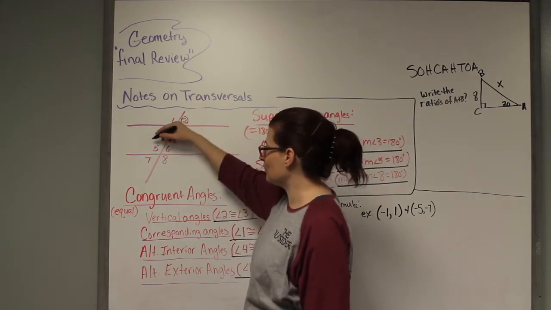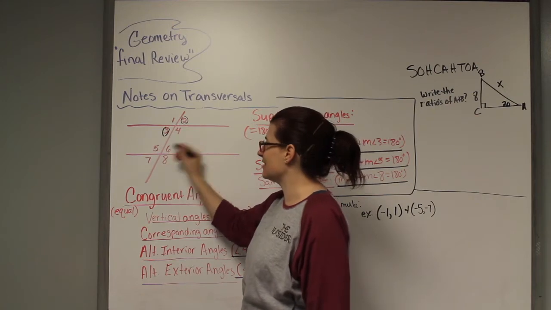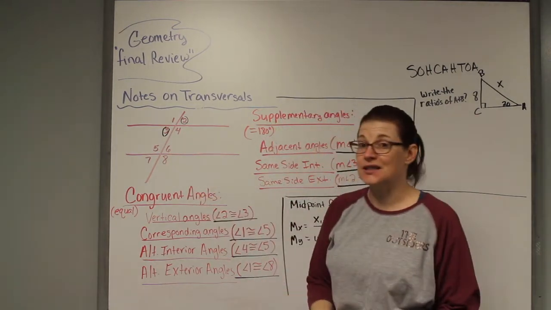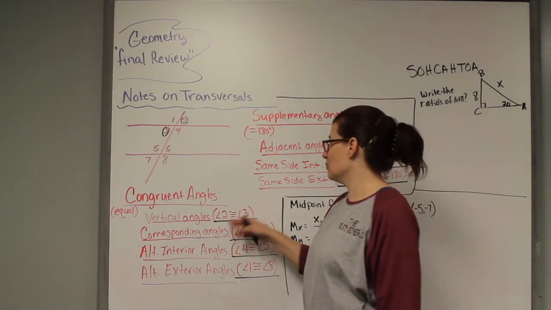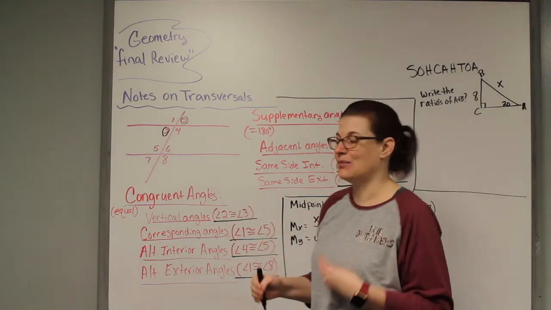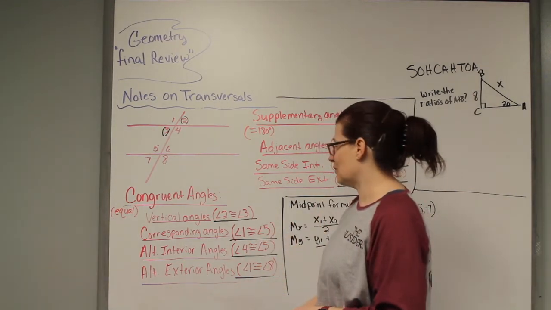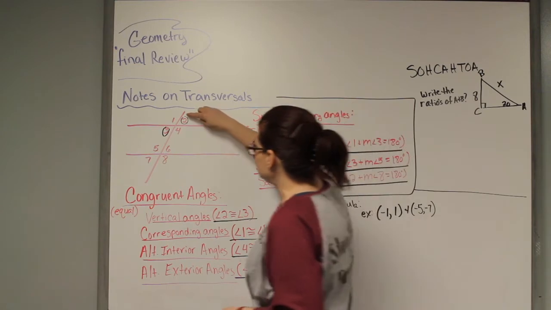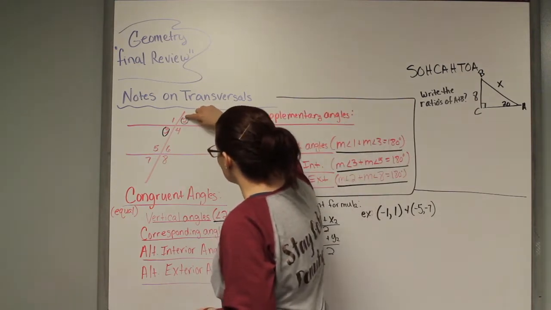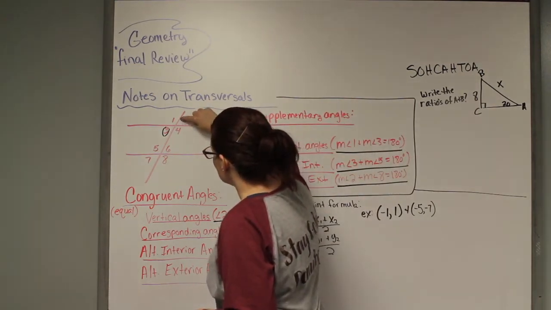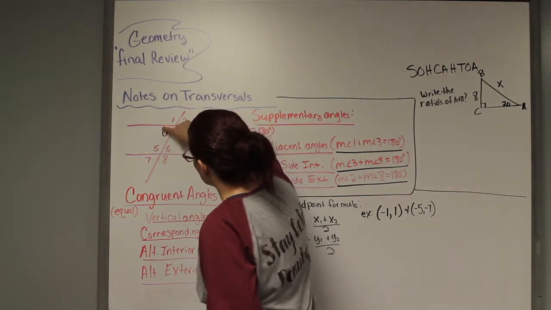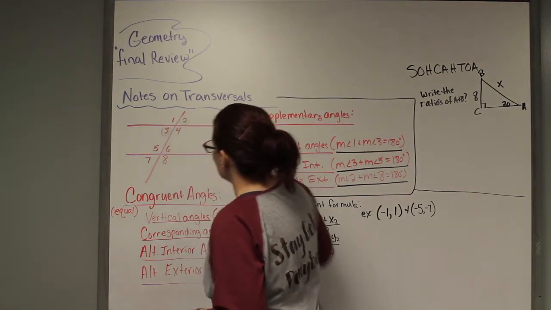So is 1 and 4, so is 5 and 8, so is 6 and 7, which means if you know 6, you can know 7. If you know 2, you can know 3. They are the same, okay? Those are called vertical angles, all right? I'm trying not to mark it up too much, but I do want to show you each type of angle.